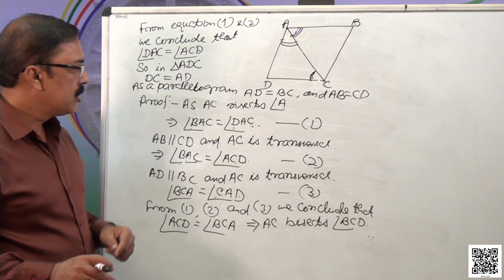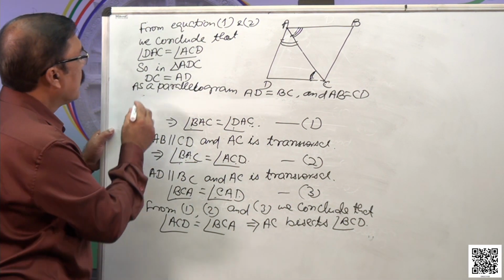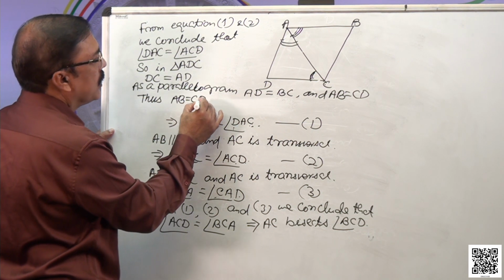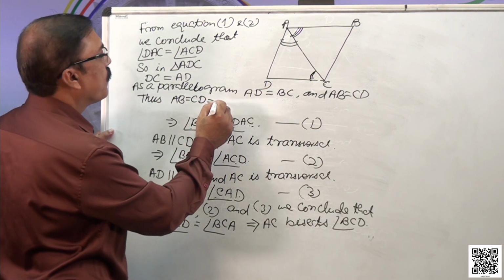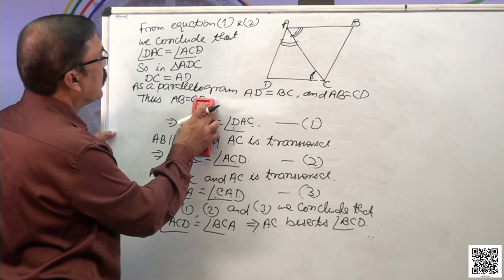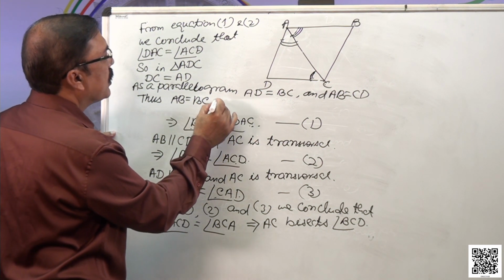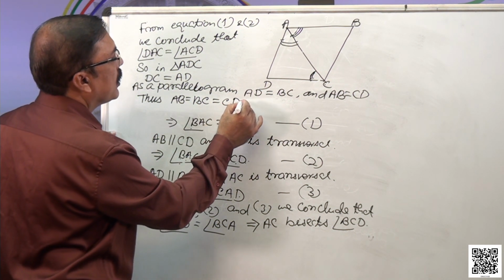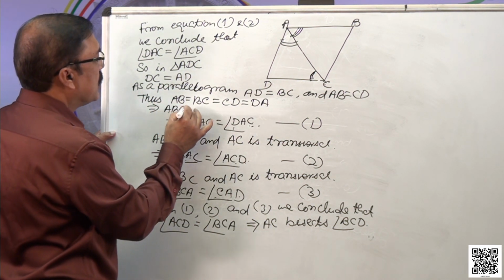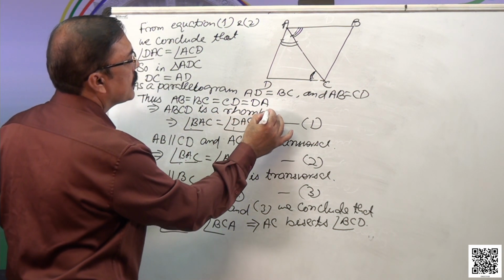From these three conditions we can say, thus, AB equal to CD equal to AD equal to BC. We can simply rearrange it: AB equal to BC, BC equal to CD and CD equal to DA. This implies ABCD is a rhombus.